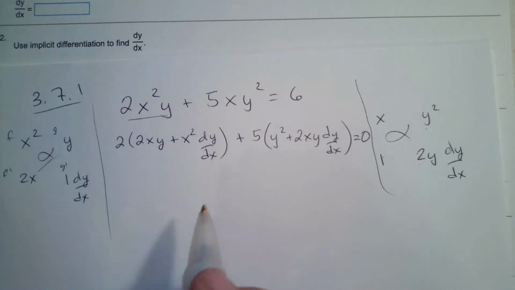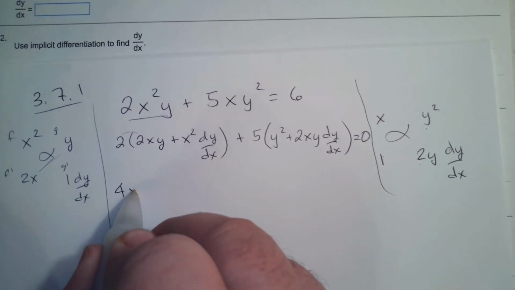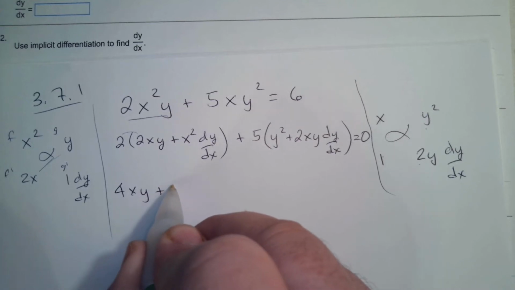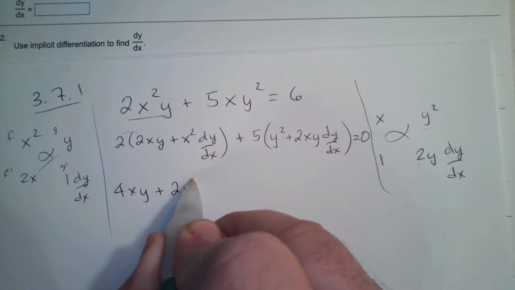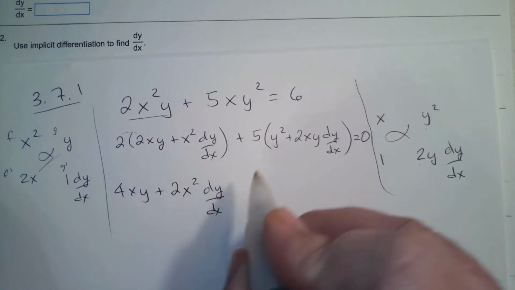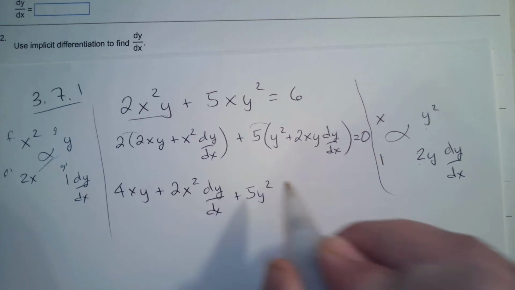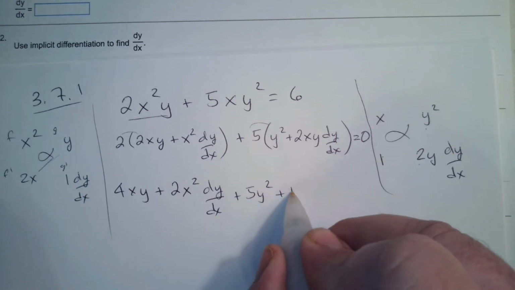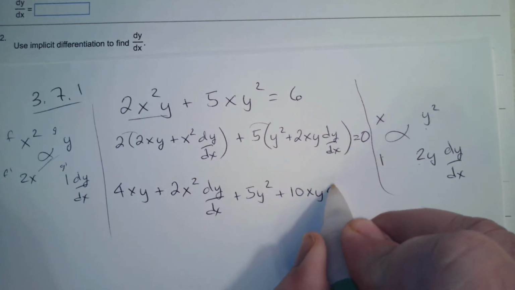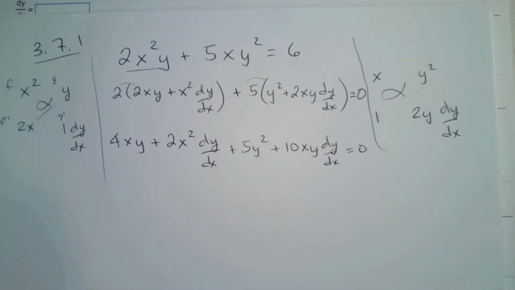So now let's get rid of the parentheses. 2 times 2xy is 4xy plus 2x squared dy/dx, plus 5y squared plus 10xy dy/dx equals 0.